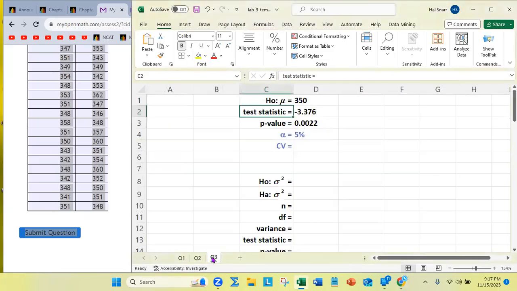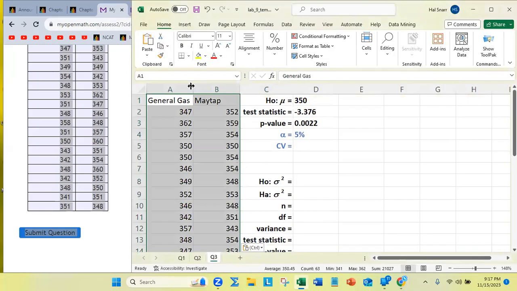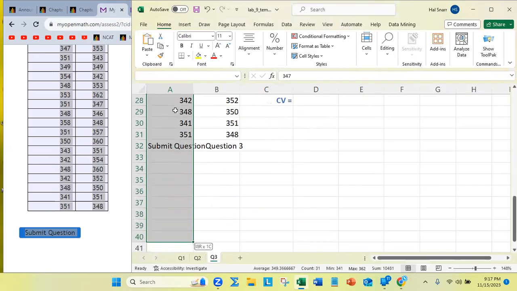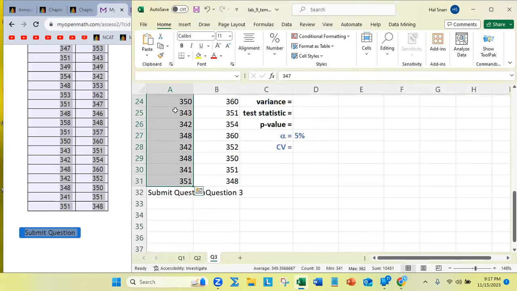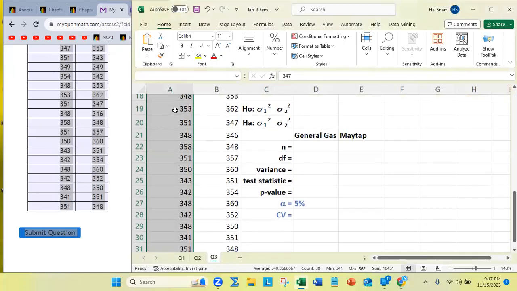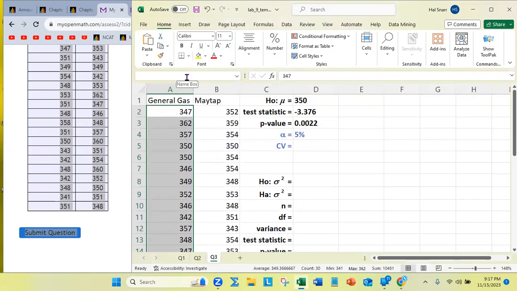in the third worksheet of our template. I'm going to right click or two-finger click on the mouse. I'm going to pick match destination formatting. Okay, and I'm going to call this set of values, I'm going to highlight the 30 numbers under General Gas.